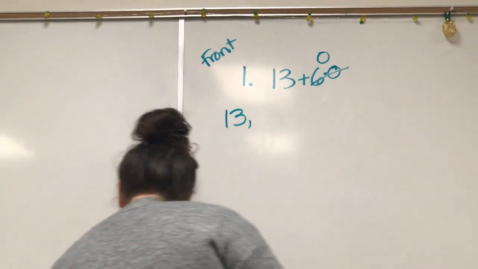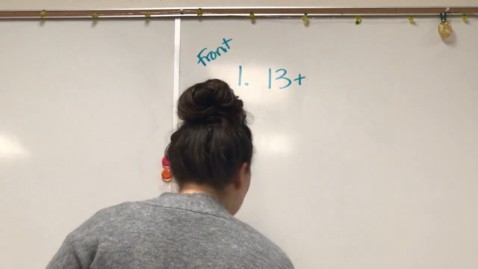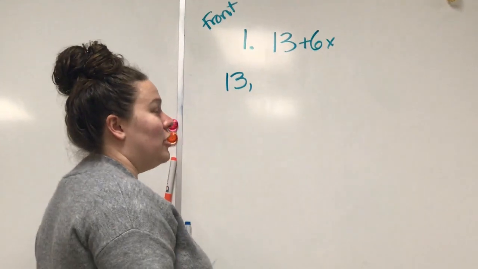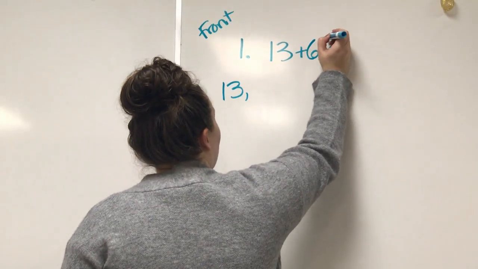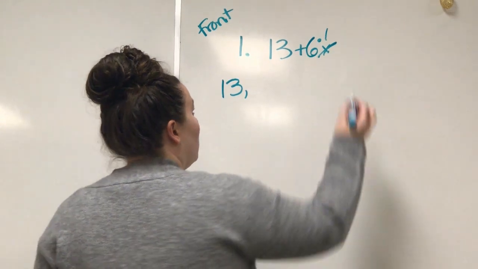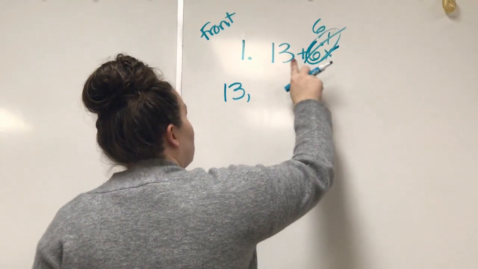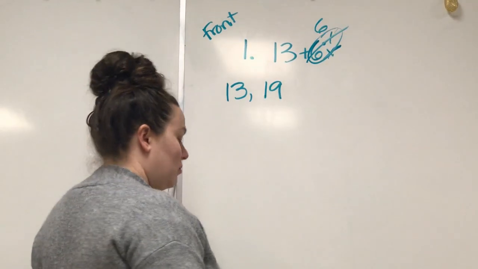And then you have to go back to your original problem, which was 13 plus 6x. And now you have to change that x to a 1. So cross that out and put times 1. Multiplication goes first. This gets turned into a 6. 13 plus 6, this is now going to be 19.